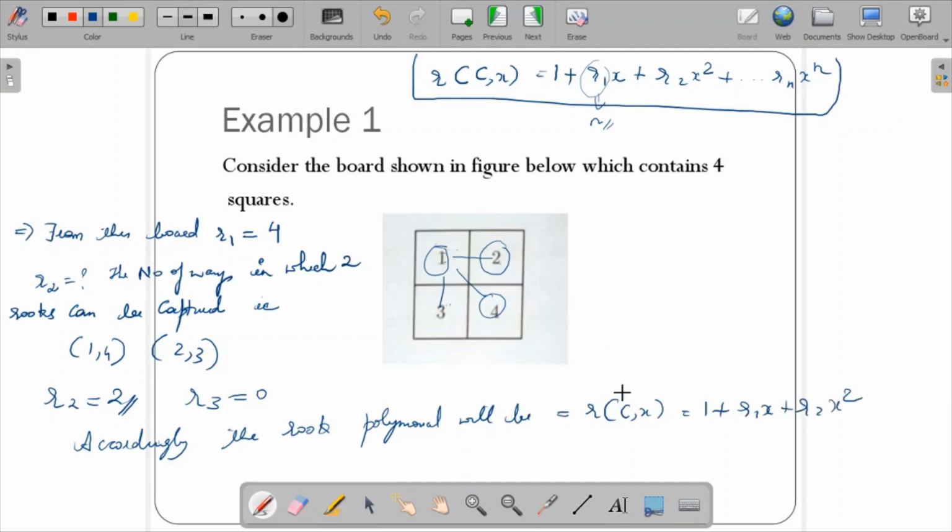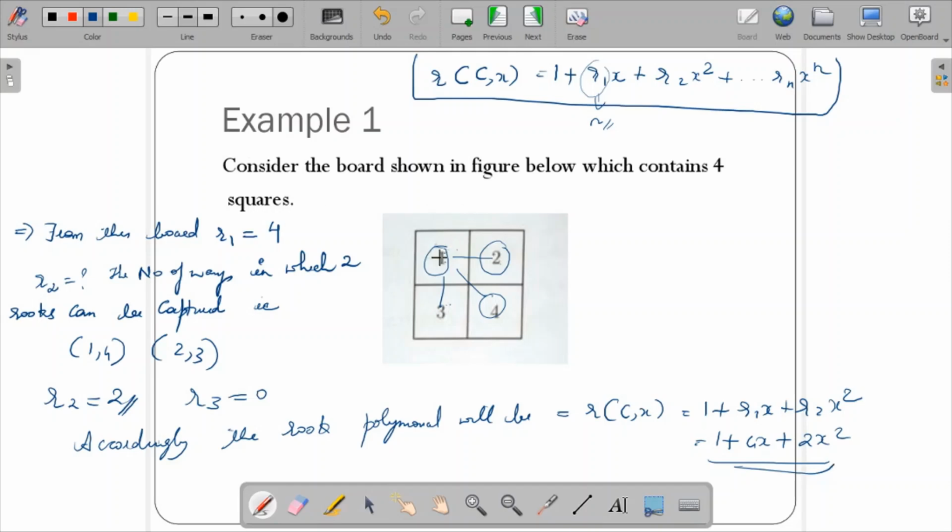That's it, because r3 is not there. So 1 plus r1 value is 4x plus r2 value is 2x square. So the rook polynomial is 1 plus 4x plus 2x square. Okay, so this is the solution for example 1.